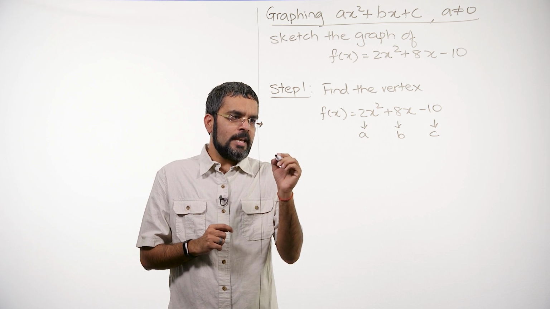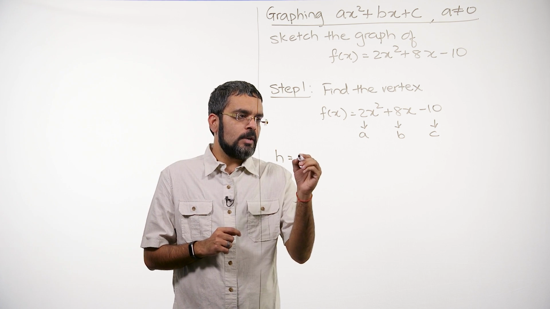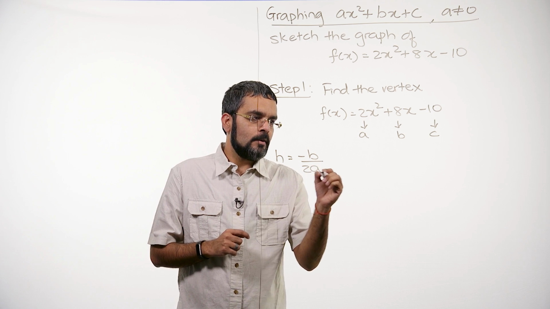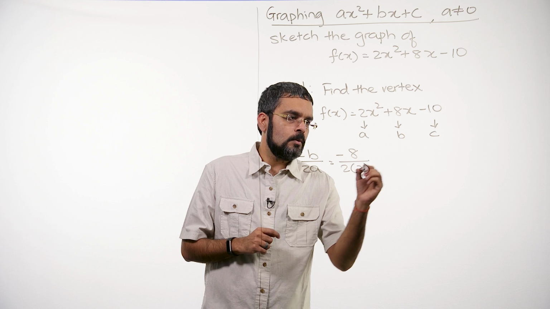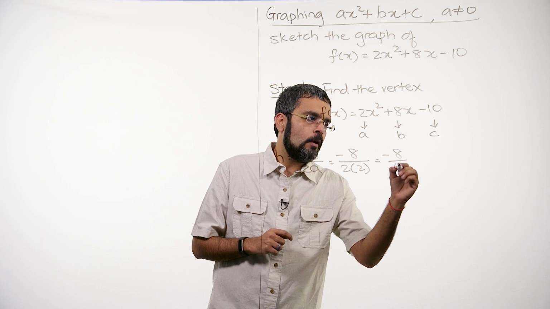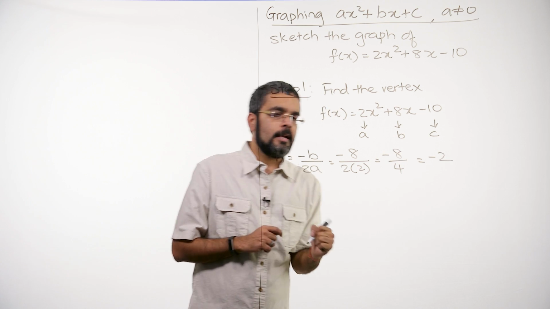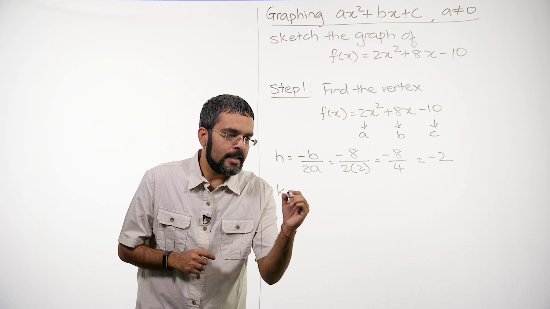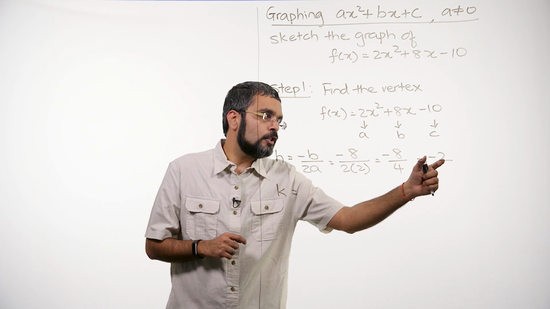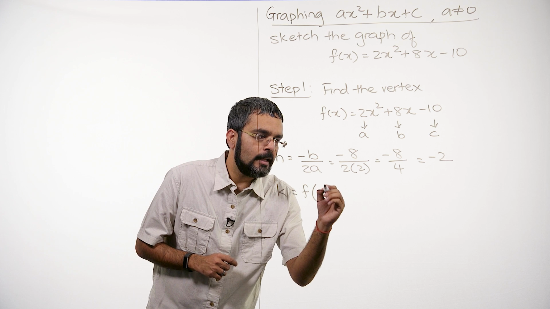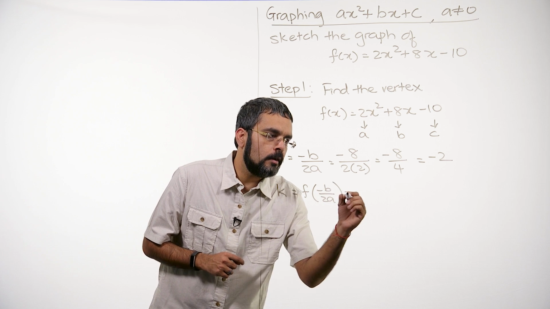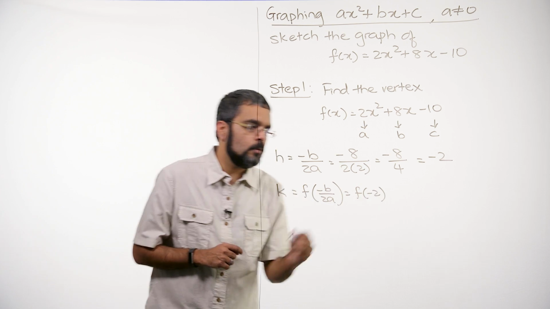So we know that the h coordinate is given by h equals negative b over 2a, which is negative 8 over 2 times 2, which is negative 8 over 4, and that comes out to negative 2. And the way we find k is we find the function value at negative 2, so this is f of negative b over 2a, or f of negative 2.